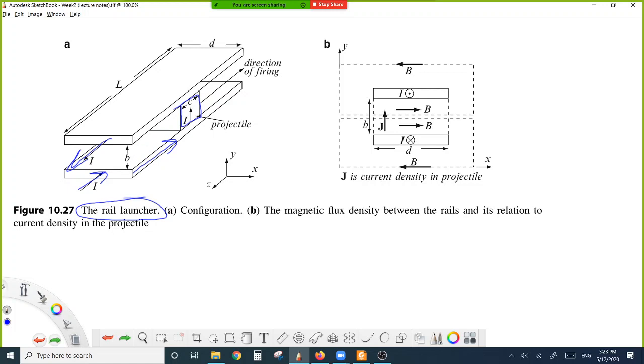You may see, okay, this is the isometric view.